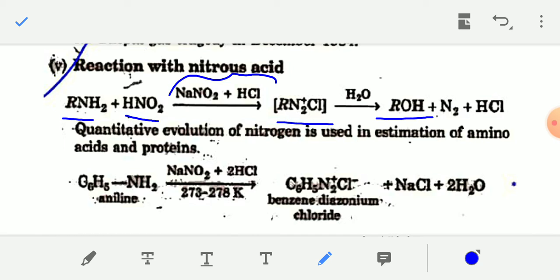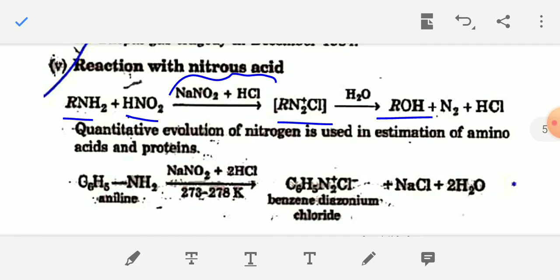So aliphatic primary amine on reacting with nitrous acid HNO2 will be converted into alcohol. For example, if methylamine CH3NH2 reacts with HNO2, it will finally be converted into methanol CH3OH.